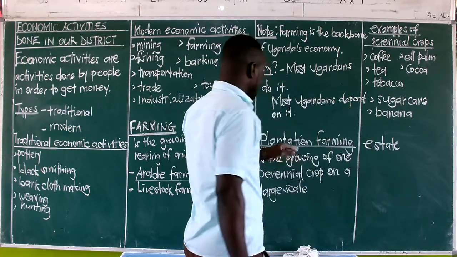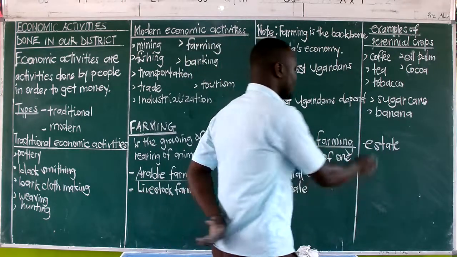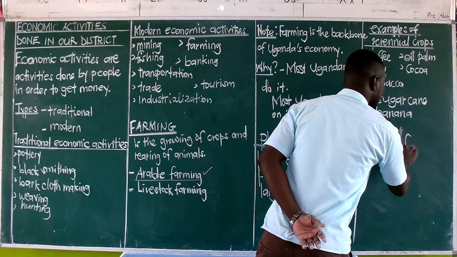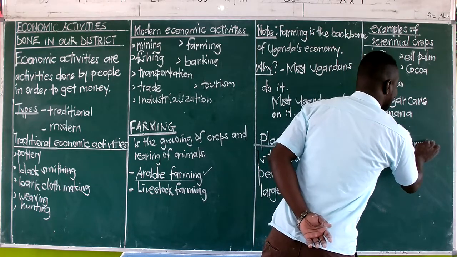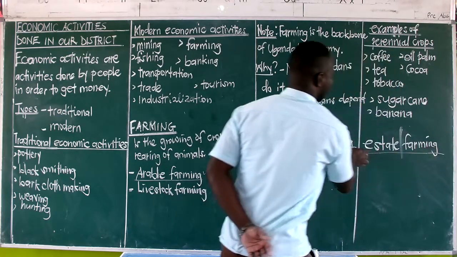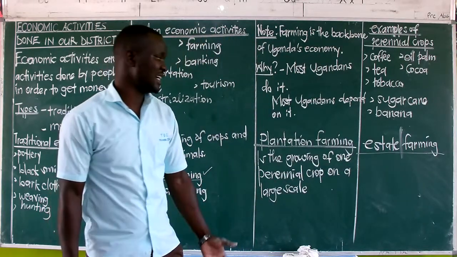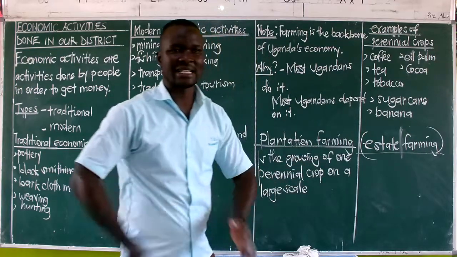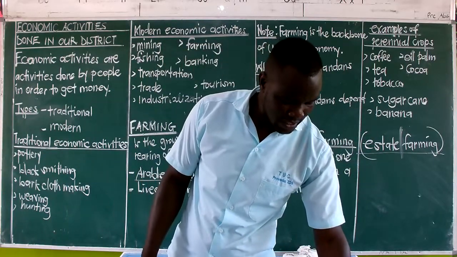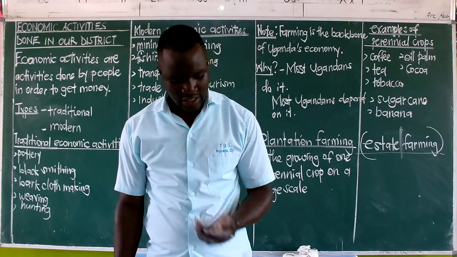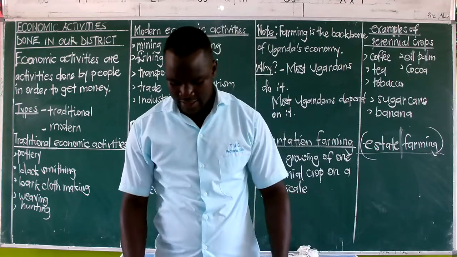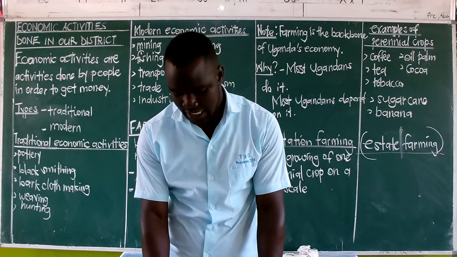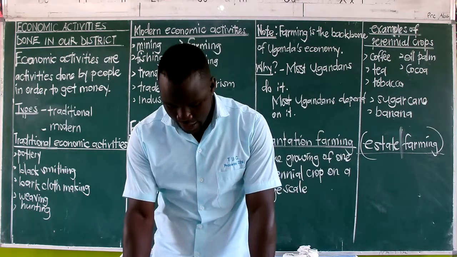That's why plantation farming can also be called estate farming. That is what I want you to understand as our primary 4 child. That large piece of land which has that one perennial crop grown in it is what we call an estate or a plantation garden.